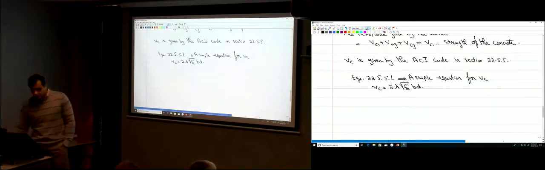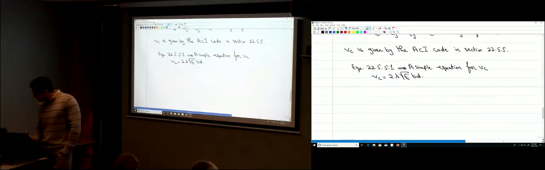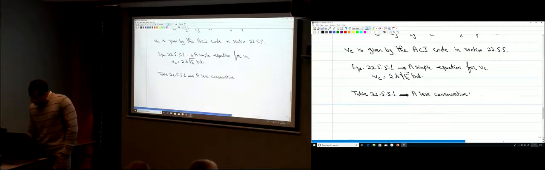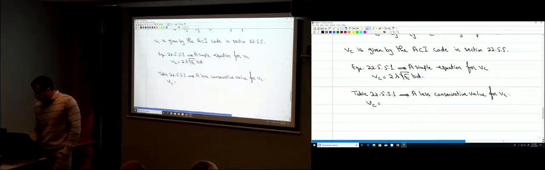And then there is another equation in table 22.5.5.1 that gives you a less conservative value for VC, which looks like this, okay?